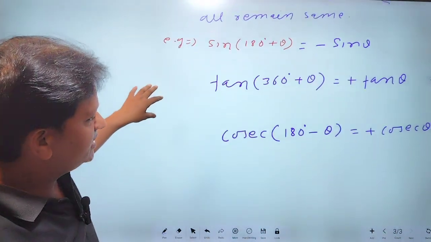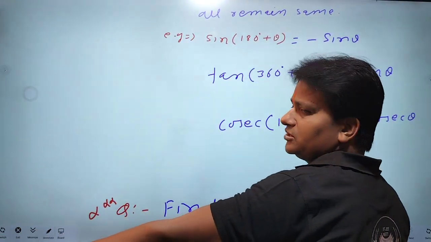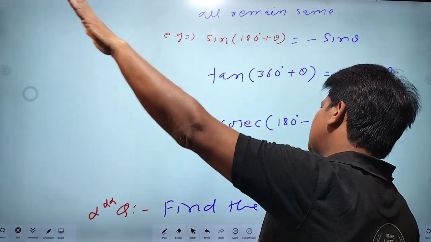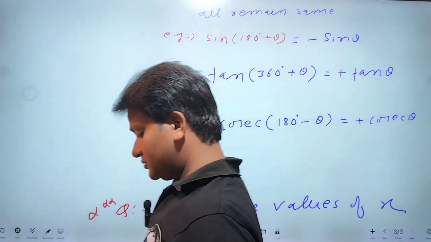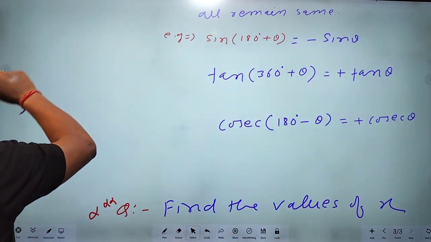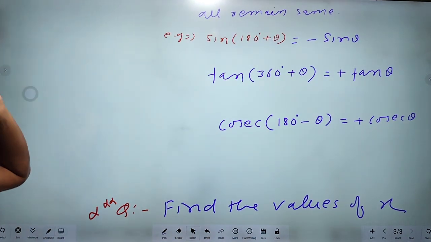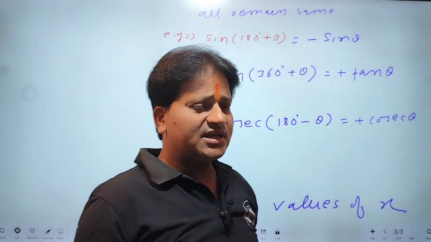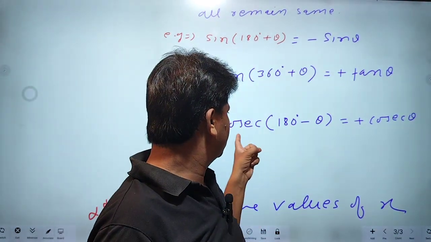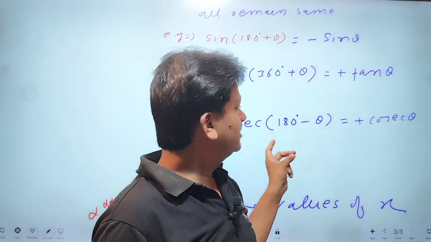Similarly, cosec 180 degree minus theta, this is 180 degree. Minus shows you should move in clockwise direction. Therefore, you should go to second quadrant. In second quadrant, we know that cosec is positive. Okay?